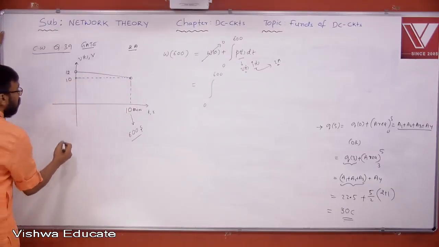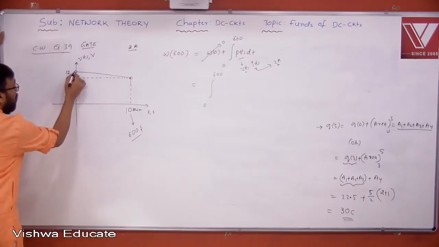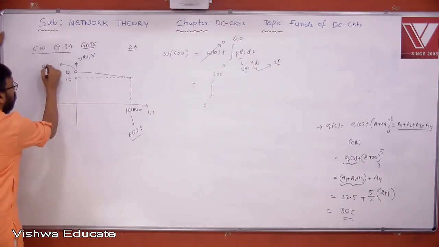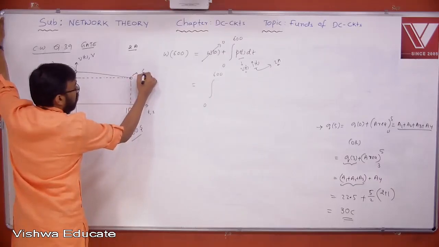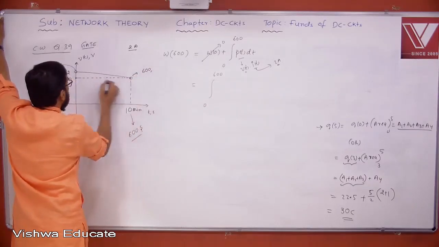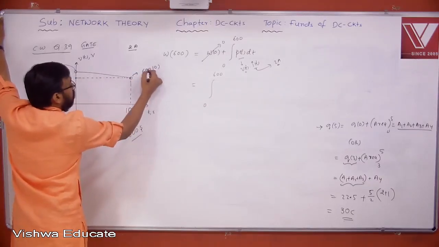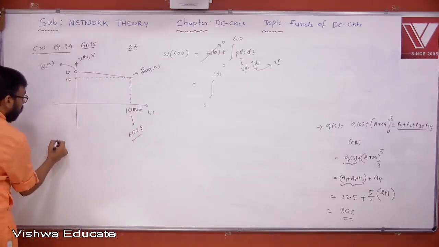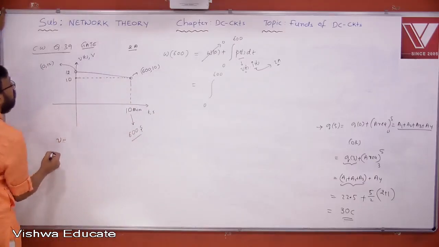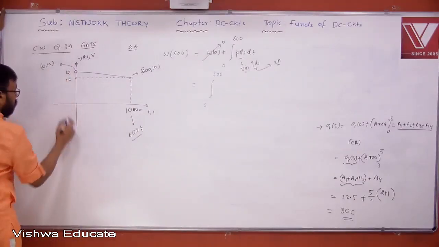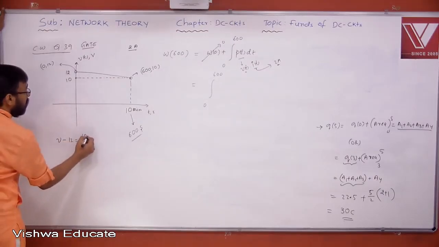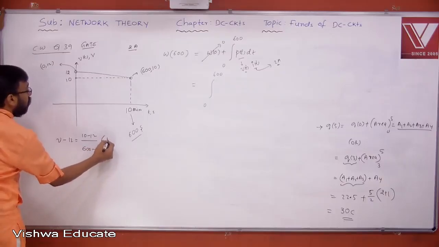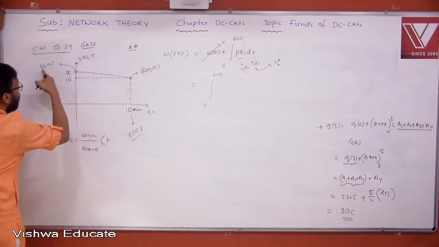This point is 0 comma 12, not 12 comma 0, 0 comma 12. This point is 600 comma 10. Now what is the equation you are getting? y minus y1 is equal to m into x minus x1, that is V minus 12 is equal to (10 minus 12) by (600 minus 0) into (t minus 0).